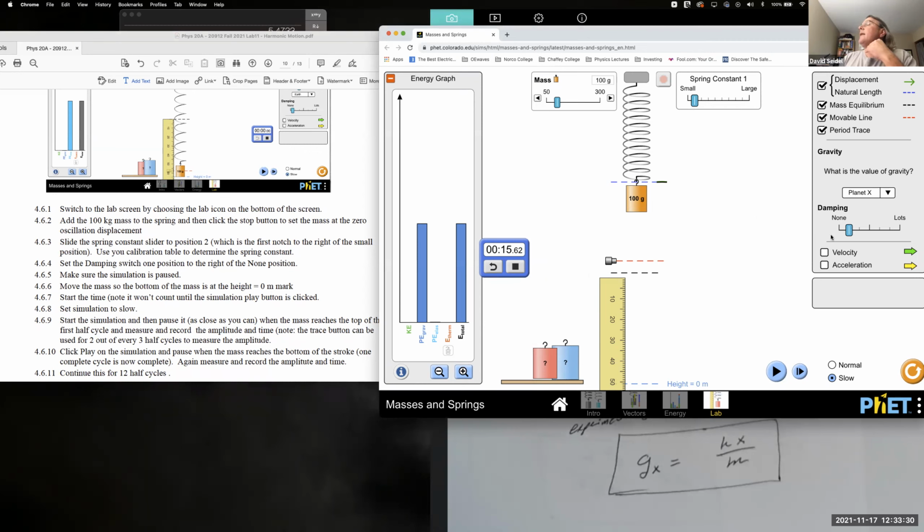We could say that that was 1, 2, 3, 4, 5, 6. So we'll just leave, we'll put it at just a little bit of damping there. Move the mass to the bottom of the mass at the height equals 0 mark.